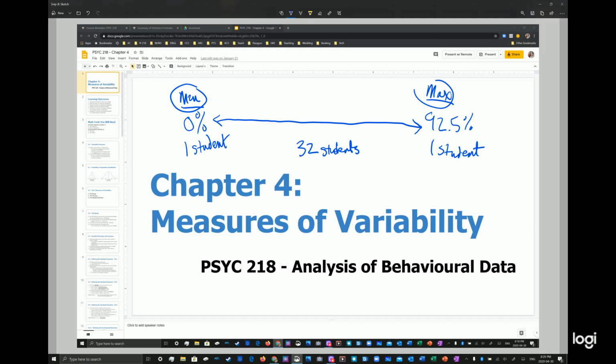Now, you could rank the scores from lowest to highest and measure the differences between them, but then you'll be just getting distances between pairs of scores, and how you order them would change these differences too. So we need a consistent way of finding out how far the scores are apart from one another.